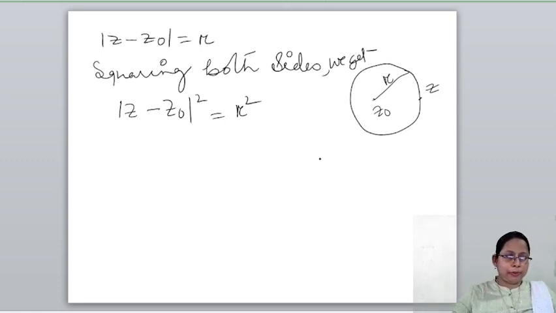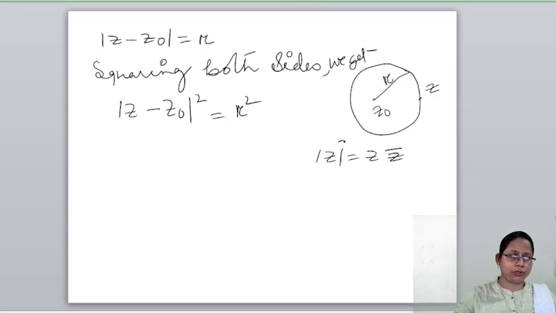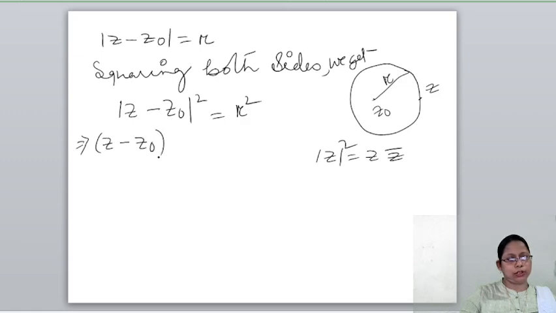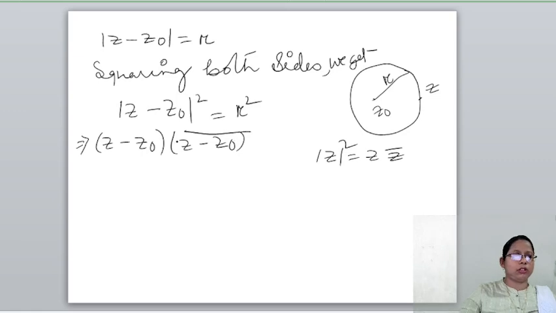There is a property of modulus which we have proved in the modulus lecture, that modulus of z squared is equal to z into z conjugate. So using this property here, we will get z minus z naught into z minus z naught conjugate is equal to my r squared.